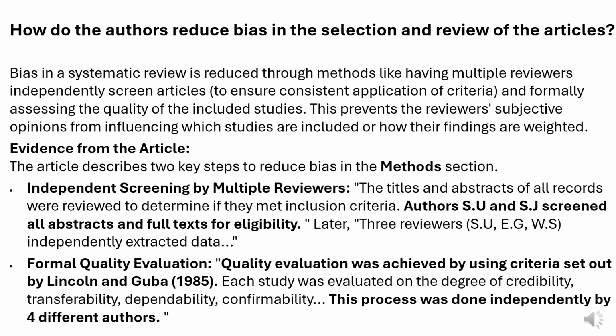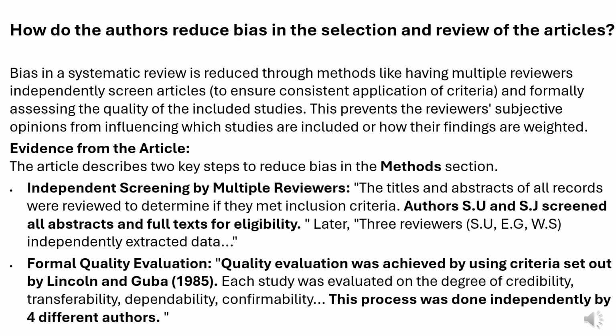Evidence from the article. The article describes 2 key steps to reduce bias in the methods section. Independent screening by multiple reviewers. The titles and abstracts of all records were reviewed to determine if they met inclusion criteria. Authors S.U. and S.J. screened all abstracts and full text for eligibility.